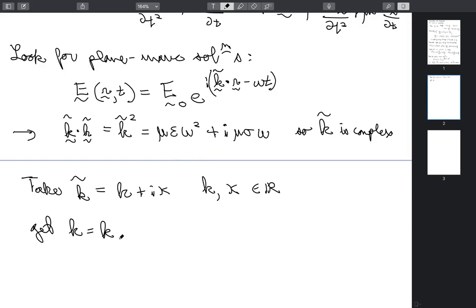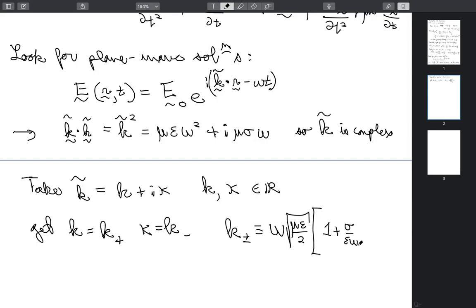So k I'll just define as this k plus, and the kappa is going to be this k minus, and then these combinations here, k plus or minus, just by solving the quadratic relation here, are going to be, by definition, a scale of omega, and then mu epsilon over 2 square root, and then a big thing here with the square root of 1 plus sigma over epsilon omega to the 1/2, and this in the square root, and then plus or minus 1.